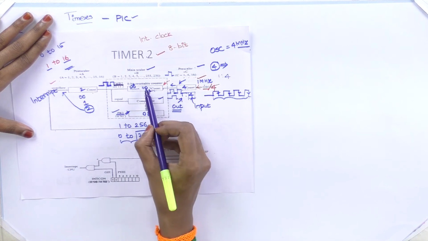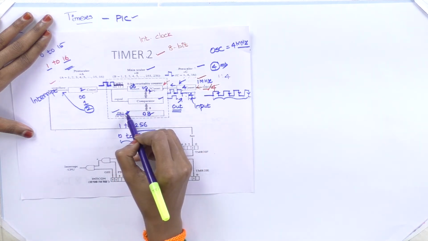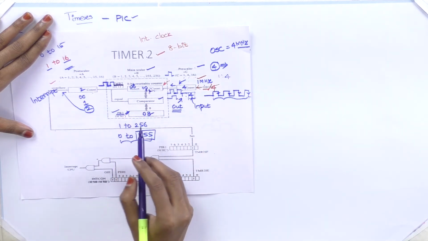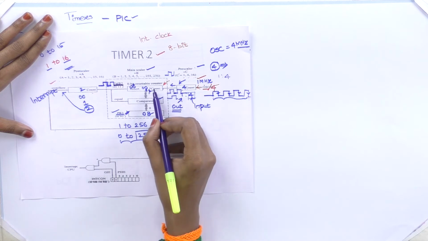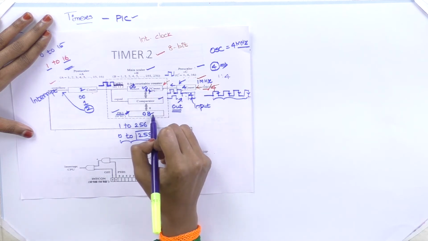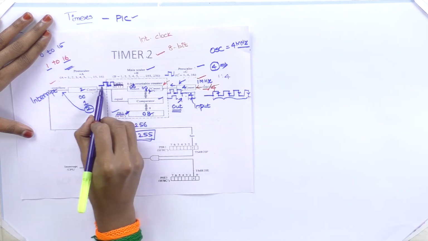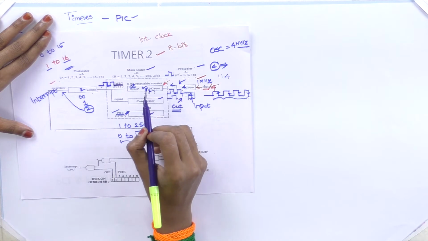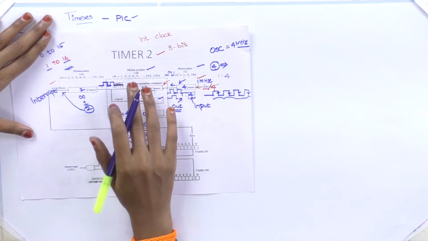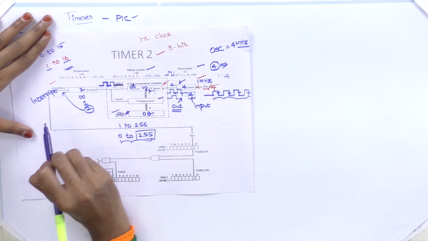Again, I have given a main scalar value with PR2. Whenever Timer 2 gets an input pulse from the prescalar, it will count and compare with the PR2 register. If it is equal, it will generate a pulse, or else it will look at the output of the prescalar. If it receives the pulse, it will increment again. This is how the main scalar works. Next is the post-scalar value.